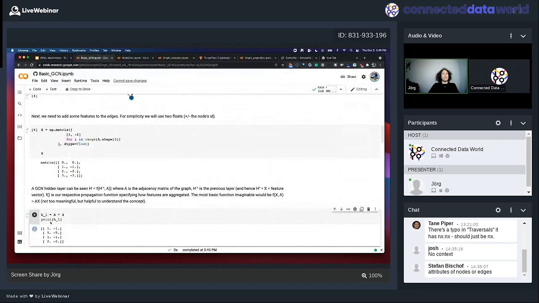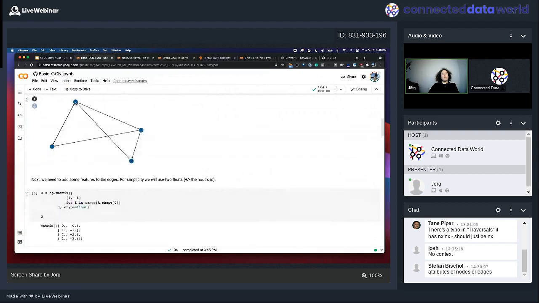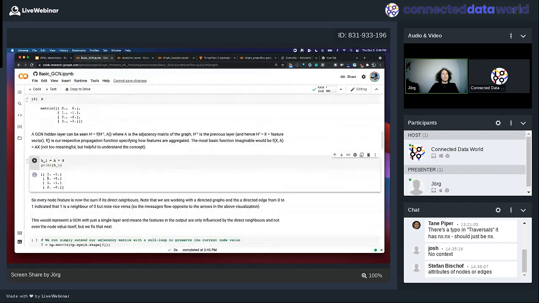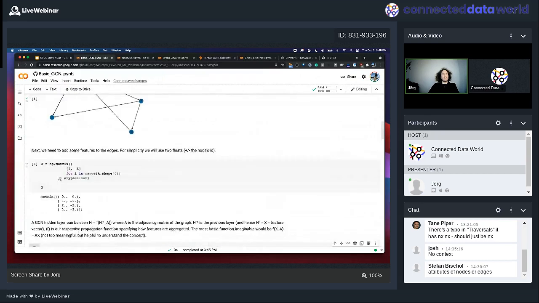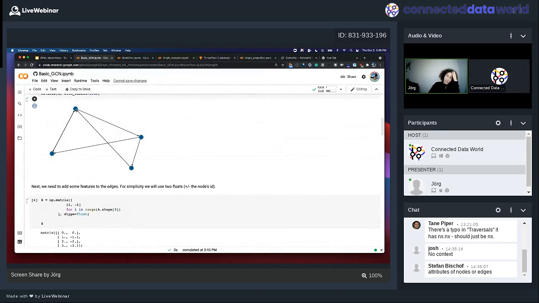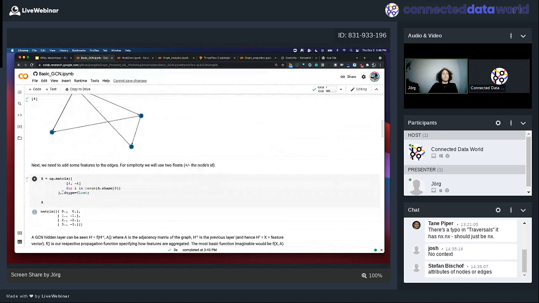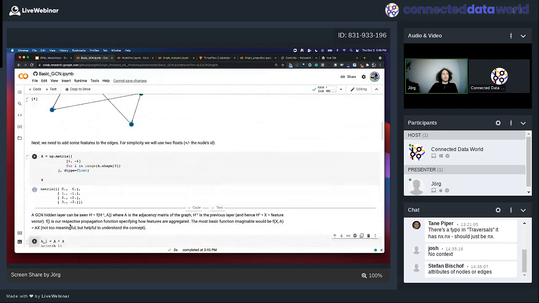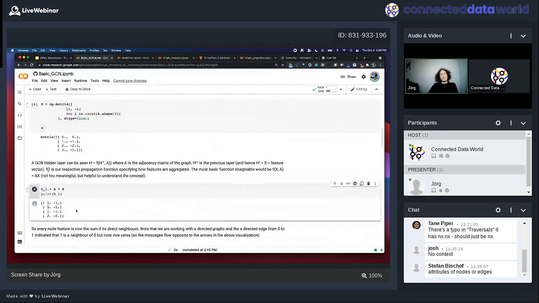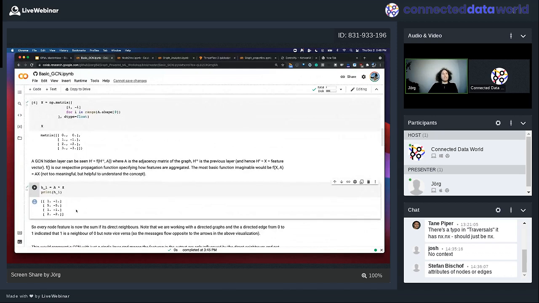For example, node 0 has received 1 and -1 as an update. It received one update from node 1, and node 1's feature vector is 1, -1. Great. Node 1 ends up at 5, -5. Let's see how that gets along. Here we receive updates from node 3 and node 2, and if we add those two vectors up, we receive 5, -5. So we can actually implement this message passing by leveraging matrix multiplication using the adjacency matrix.